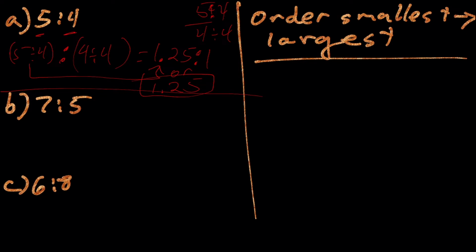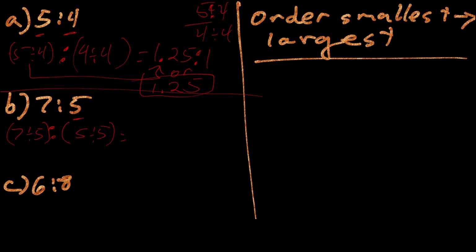Okay, so I want you to pause the video and do this with me. So I take this number here, and I'm going to divide both numbers by that. So 7 divided by 5 and 5 divided by 5, so that we can get it compared to 1.